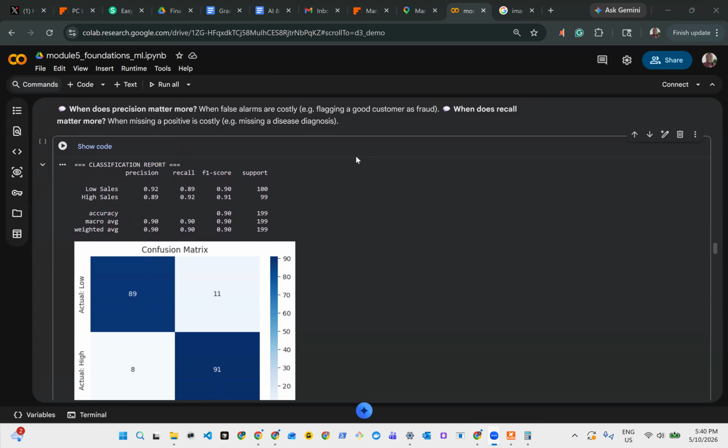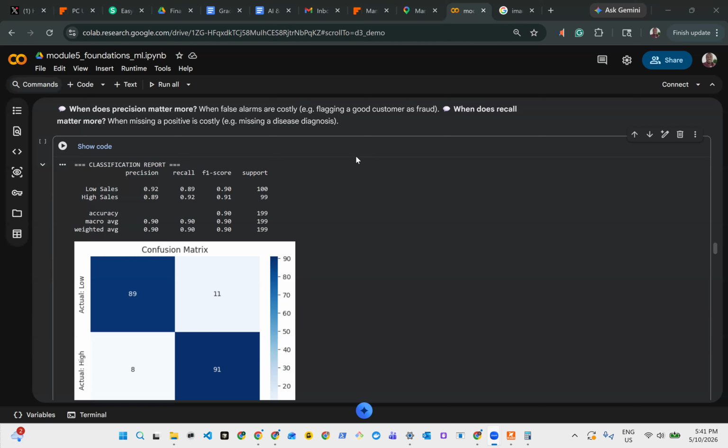So when does precision matter more? Precision matters more when false alarms are costly. For example, you don't want to flag a customer that is good as being fraudulent. And when does recall matter more? When missing a positive is costly.